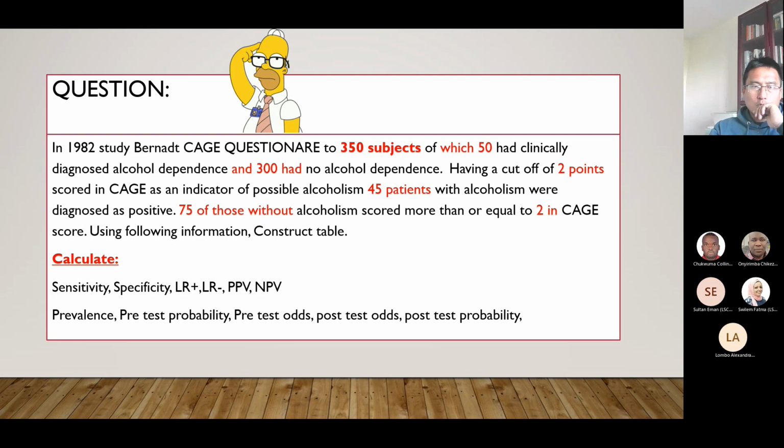Having a cutoff of 2 points on the scale indicates possible alcoholism, with 48 positive. On this side, you have to put the cutoff of 2, and on the top you have to put alcohol dependence and non-alcohol dependence.